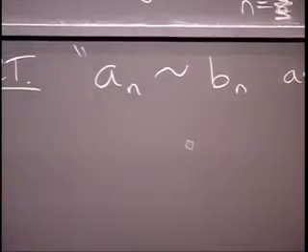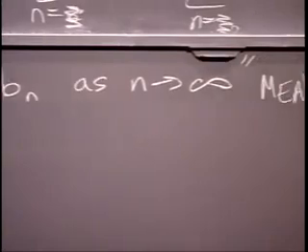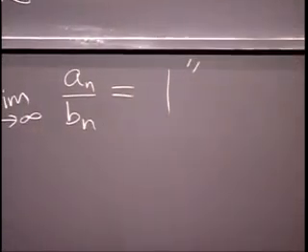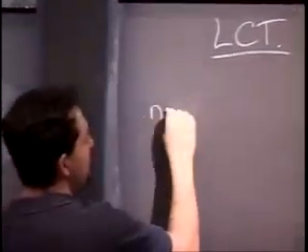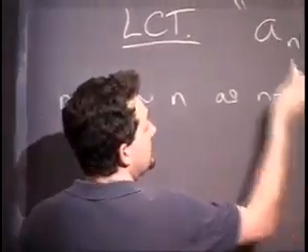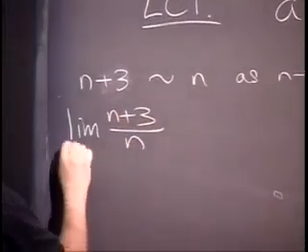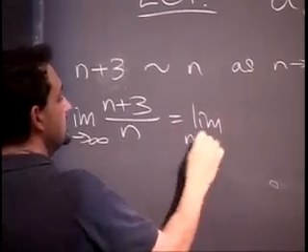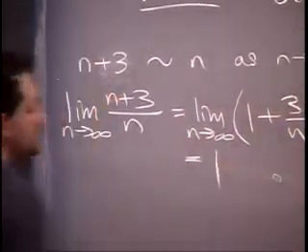Okay, again, how do you know what this is? Well, we did a whole lot of relationships like that involving polynomials and some trig functions. As a simple example, we know that n plus 3 is asymptotic to n as n goes to infinity, because the limit of the ratio (n plus 3) over n is the same as the limit of 1 plus 3 over n, so that limit is 1.